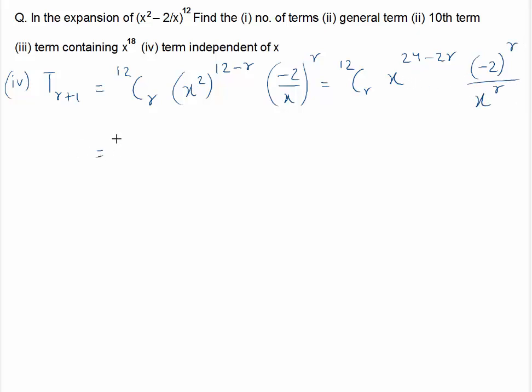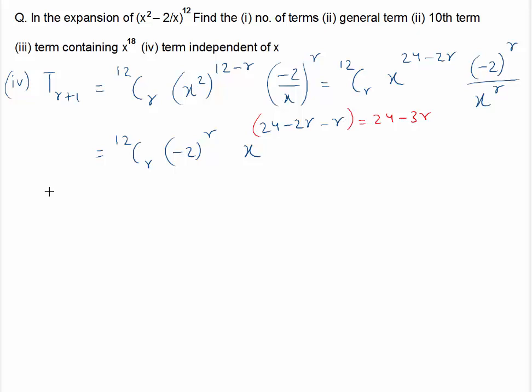So this would become 12cr minus 2 to the power r and x to the power 24 minus 2r, and this will come in the numerator with a minus sign. So therefore the power of x would be 24 minus 3r.